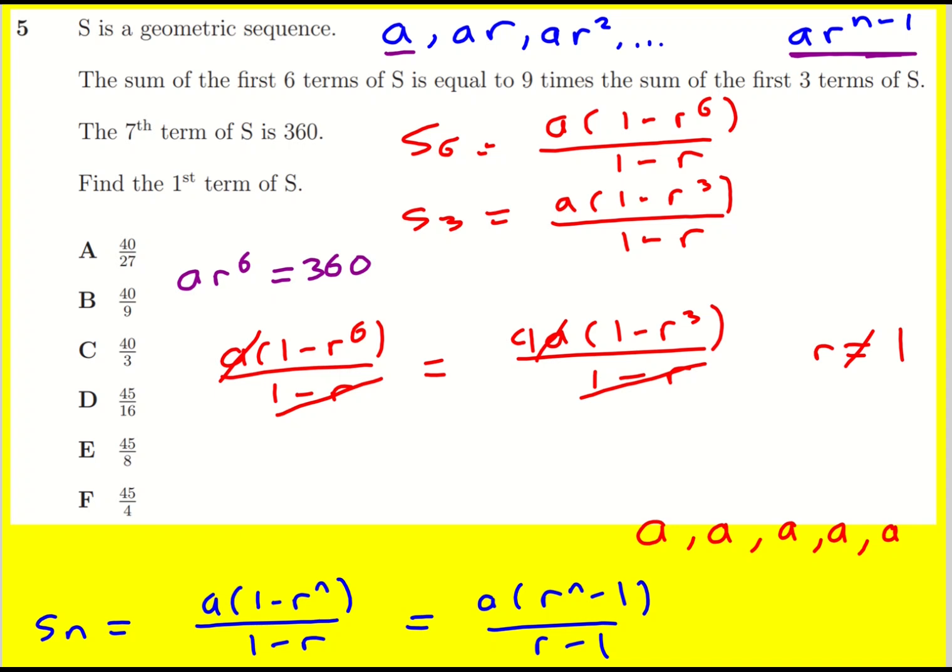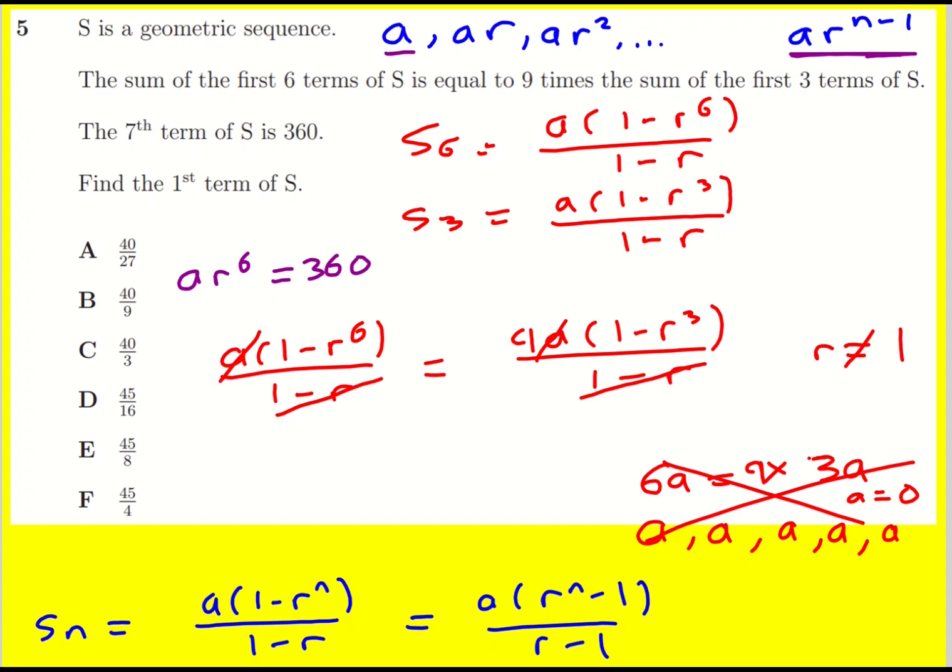So you would get the sum of the first 6 terms being 6A, and the sum of the first 3 terms being 3A, and then we would need 6A to equal 9 times 3A. The only way that could be true is if A was equal to 0, but then we couldn't get the 7th term as 360. So although I've dealt with it as a little special case, I can rule it out.